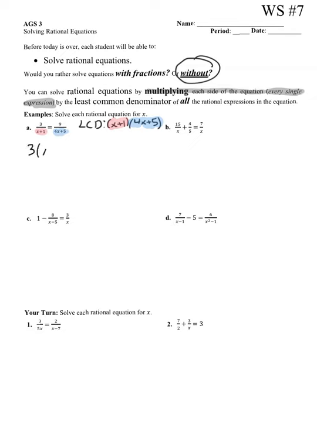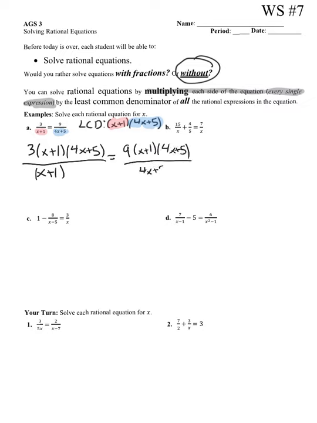So I'm going to say 3 times x plus 1 times 4x plus 5 all over the x plus 1. All I'm doing right now is multiplying by that least common denominator. 9 times x plus 1 times 4x plus 5 over 4x plus 5. And what's going to happen when I do this, I have, hey, look, an x plus 1 divided by an x plus 1. That's going to go away.